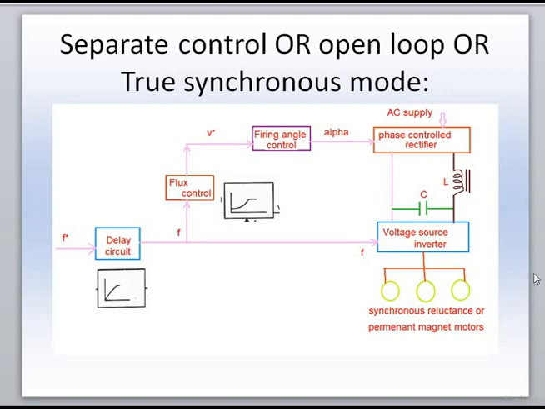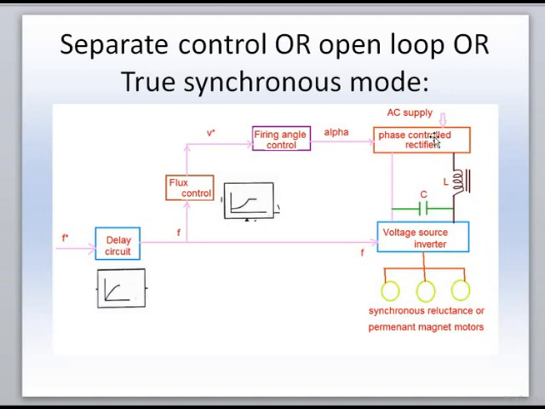See the block diagram. Here we have synchronous motors, and multiple machines can be operated; at a time we can control multiple motors by using this open loop control method. In this method we have the VSI, voltage source inverter, and before that we have an LC filter, which is used to filter out the harmonics in the DC supply.